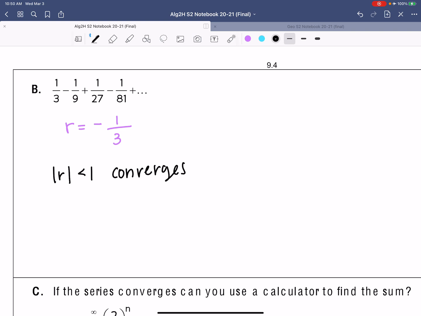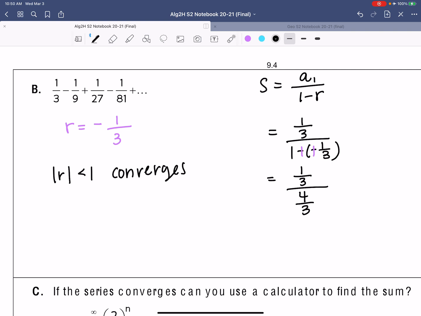So this is when we use the formula S is equal to A1 over 1 minus R. So we're going to get A1 is 1/3 over 1 minus R. Okay, this will end up becoming a plus. So we're going to get 1/3 divided by 1 plus 1/3 would be 4/3.